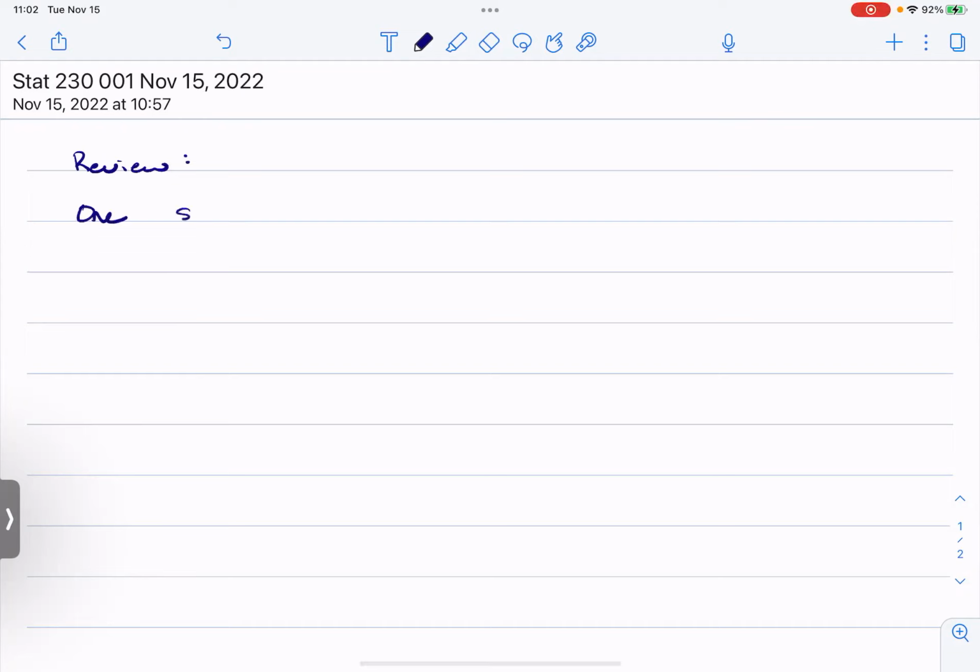Just some review on the one sample mean t-test. Because like I said, we're going to use all of this stuff again. I kept forgetting the conditions, so I'm going to start with the conditions, because the conditions stay the same for the paired data that we're going to introduce today.